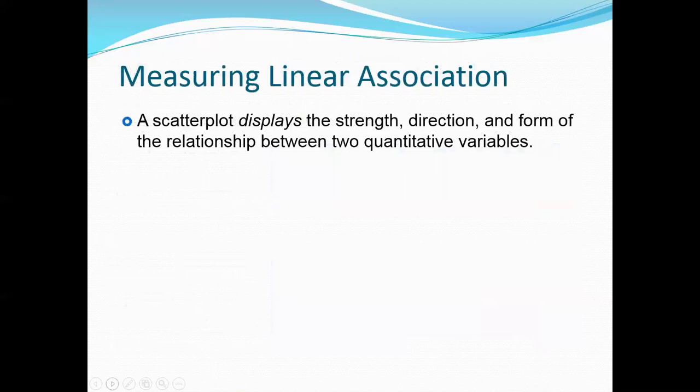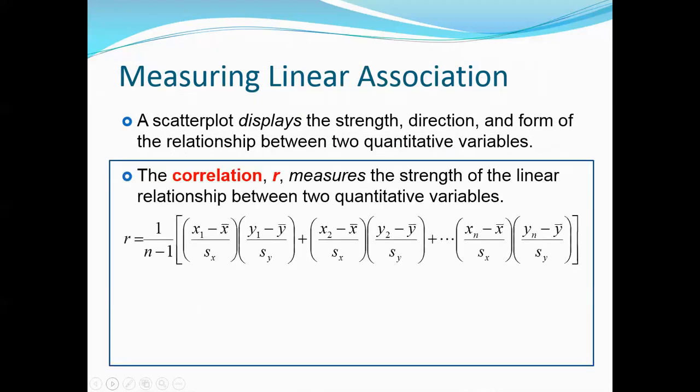Measuring the linear association, a scatter plot displays the strength, direction, and form of the relationship between two quantitative variables. The correlation r measures the strength of the linear relationship between two quantitative variables.